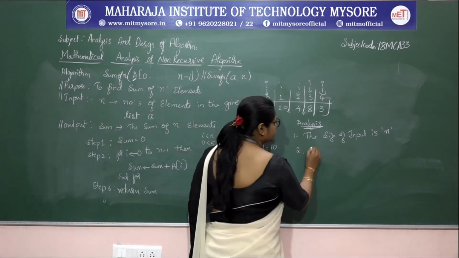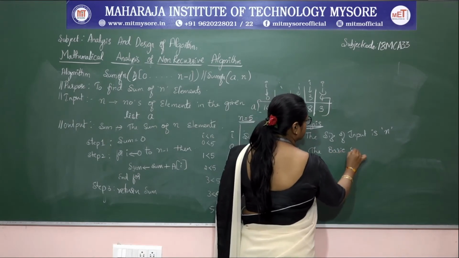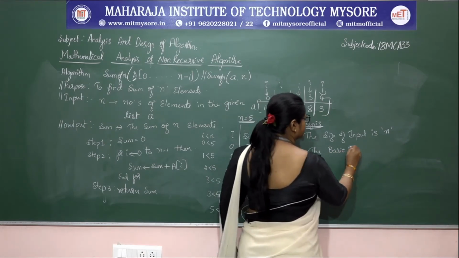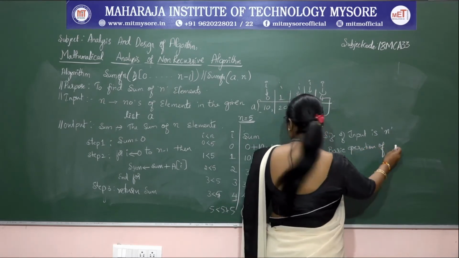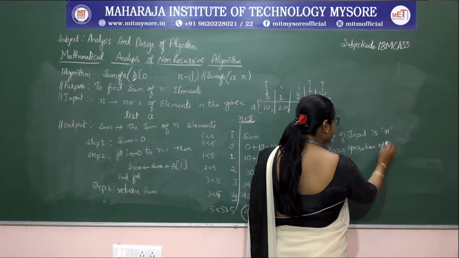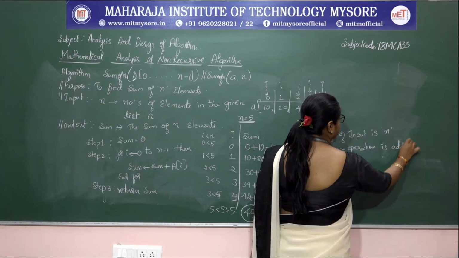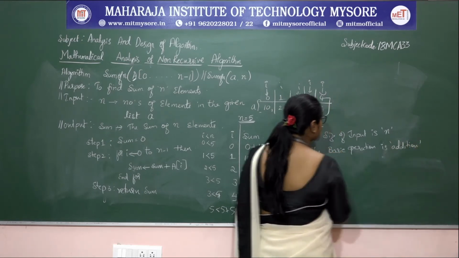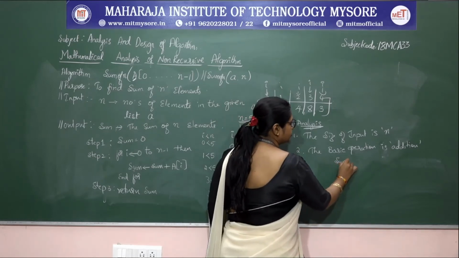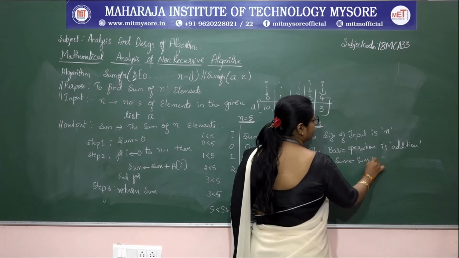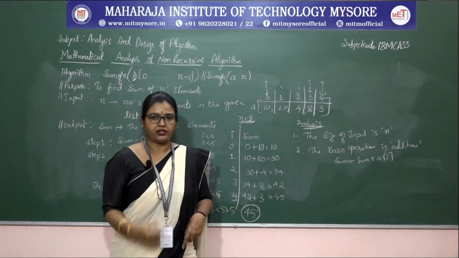Therefore, the BO, or basic operation of the algorithm is addition, right? So what is the equivalent pseudo code or statement? That is sum is equal to sum plus A of I. This is your equivalent equation, right?